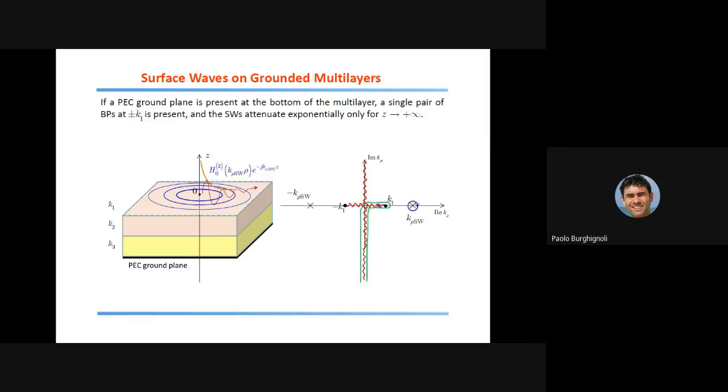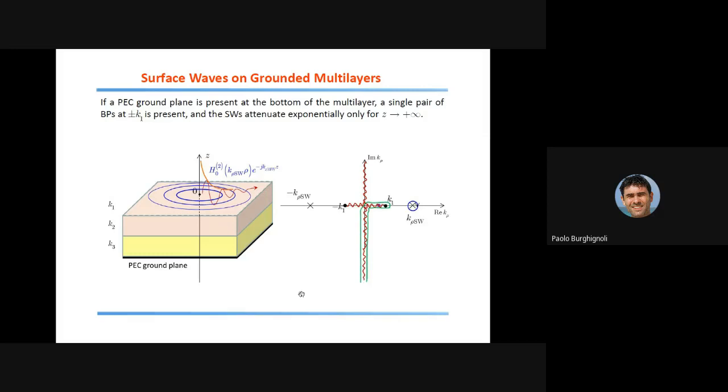You must only distinguish between propagating modes or modes below cutoff. However, you only have a discrete spectrum. Instead, for an open waveguide, in addition to a discrete spectrum that arises from poles, you also have a continuous spectrum that arises from the integration along this green path that runs along the branch cut, okay, the Sommerfeld branch cut.